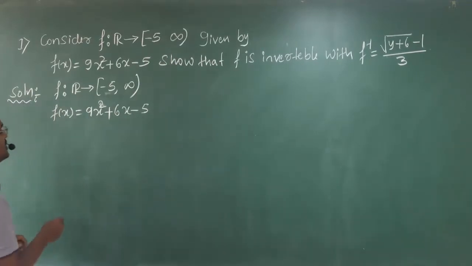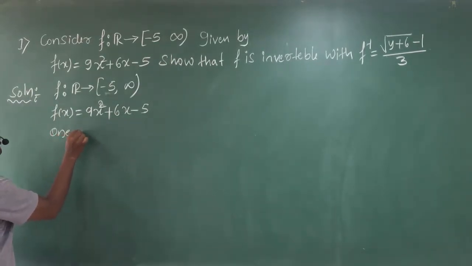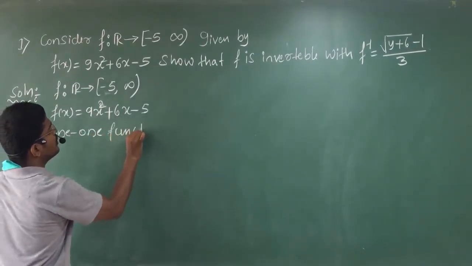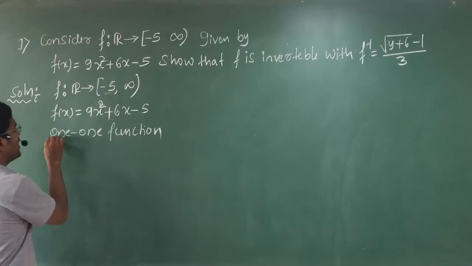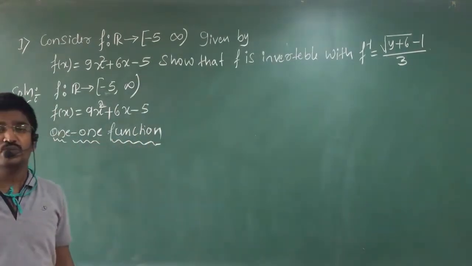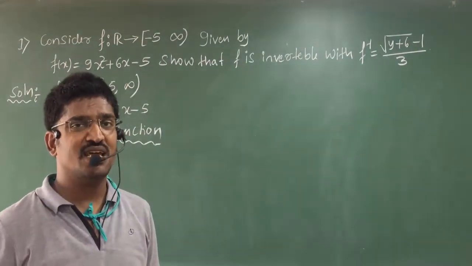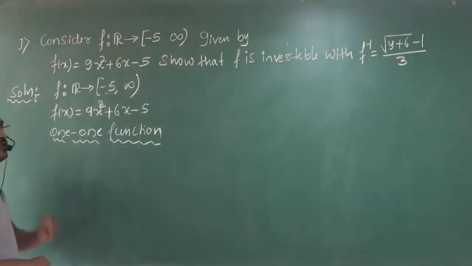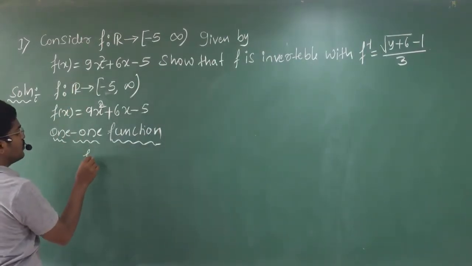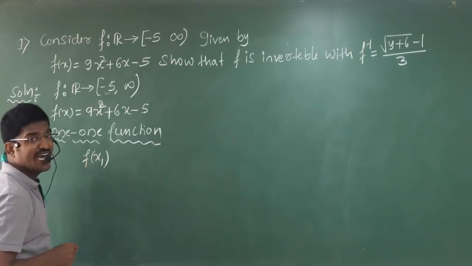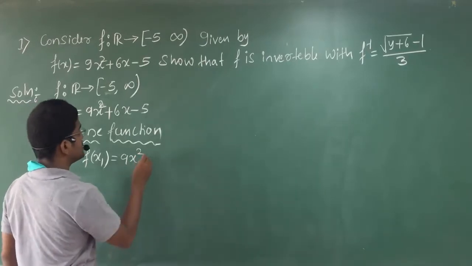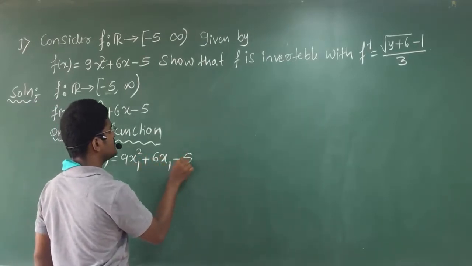They are asking to show that the inverse image is that. Okay. So for that reason, first let us go for the one-one function. Clear? So first let us show it is a one-one function, then let us show it is an onto function. So if it is both one-one and onto, the inverse must exist. Clear? Okay. For the one-one function, I will write f of x1 equal to 9x1 square plus 6x1 minus 5.